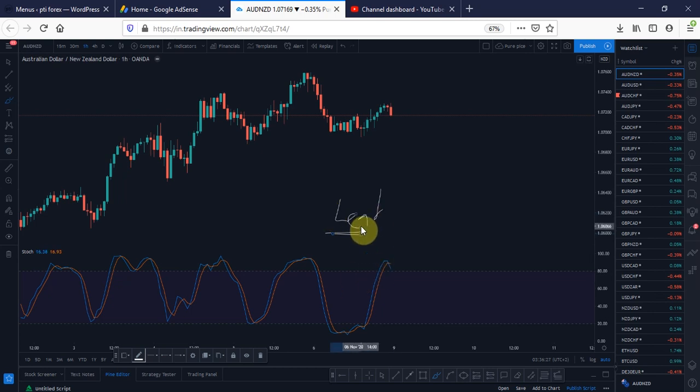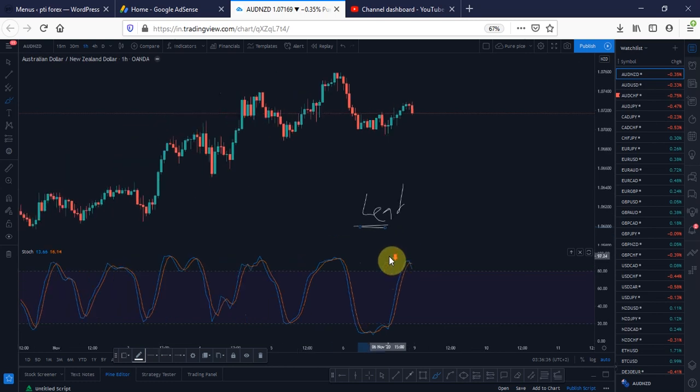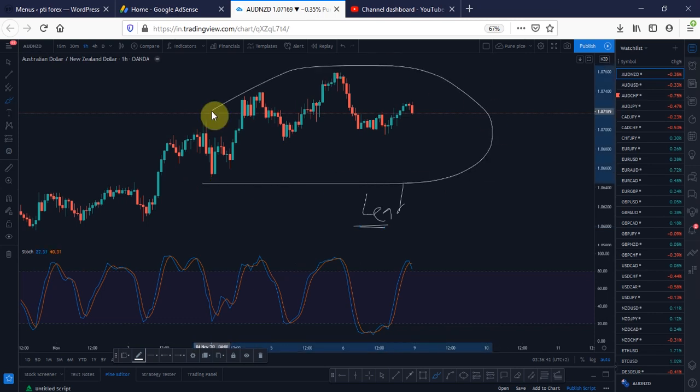Meaning it can tell you that now I am going down, yet price is still going up. That's why it is classified as a leading indicator. It doesn't depend on the price itself.